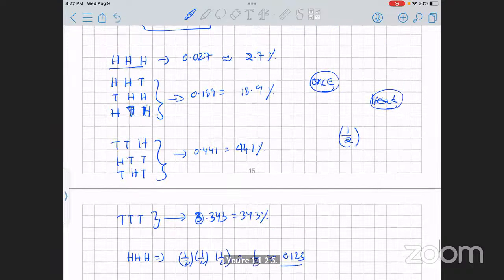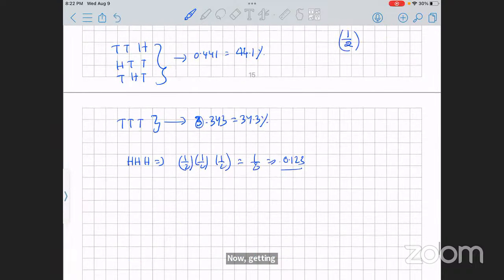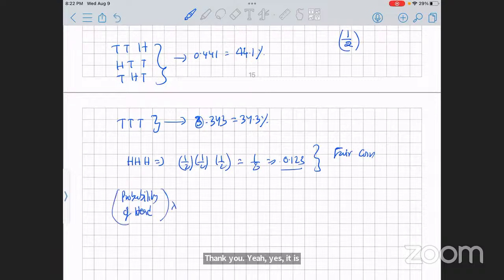Now look, if it is a fair coin, getting three heads means probability of head into probability of head into probability of head.